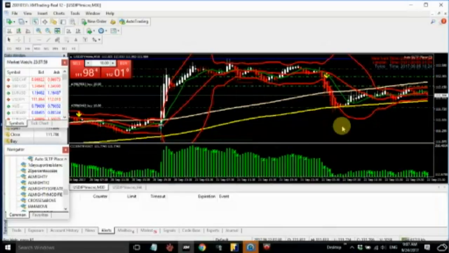When you are on the 30-minute chart and you see this Bollinger Band period 20 and the price is touching the top of it, just like this, and you see the price breaking the middle band of the Bollinger Band, definitely you have to get one thing inside your mind: the price is making an attempt to go back to the moving average period 200. That is how you know that.